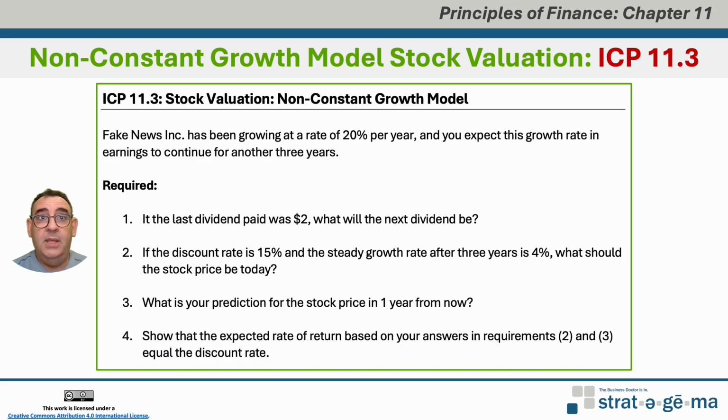Requirement 1, if the last dividend paid was $2, what will the next dividend be? 2, if the discount rate is 15% and the steady growth rate after 3 years is 4%, what should the stock price be today? 3rd, what's your prediction for the stock price a year from now? And 4th, let's show that the expected rate based on our answers in requirements 2 and 3 equal the discount rate. So for requirement 1, the next dividend, pause the video and see if you can figure it out.